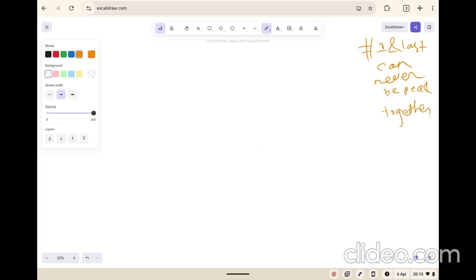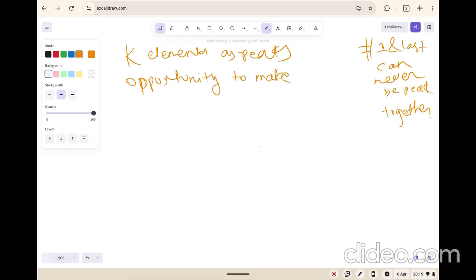Okay, now let's move to the problem. You need to make k elements your peaks. Now you have the opportunity to decide which element should be a peak, which element will be a peak.